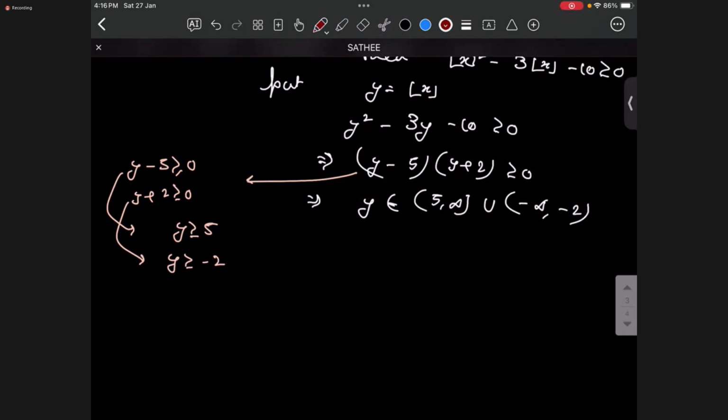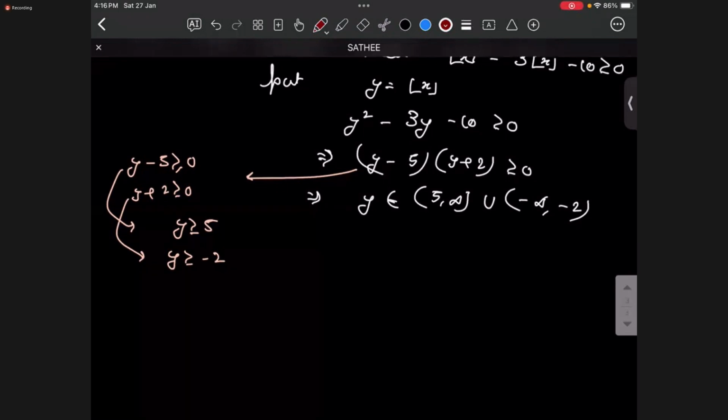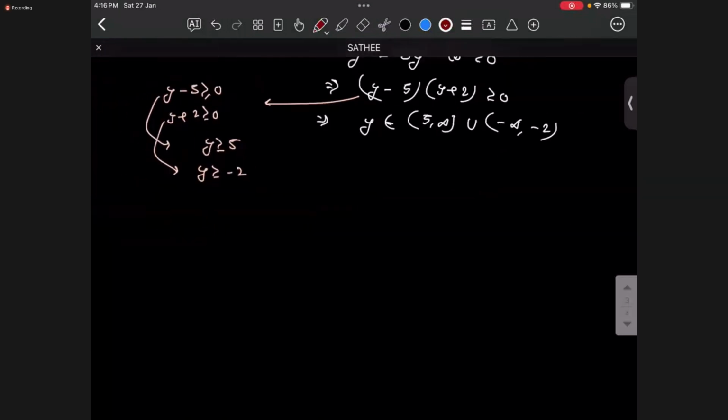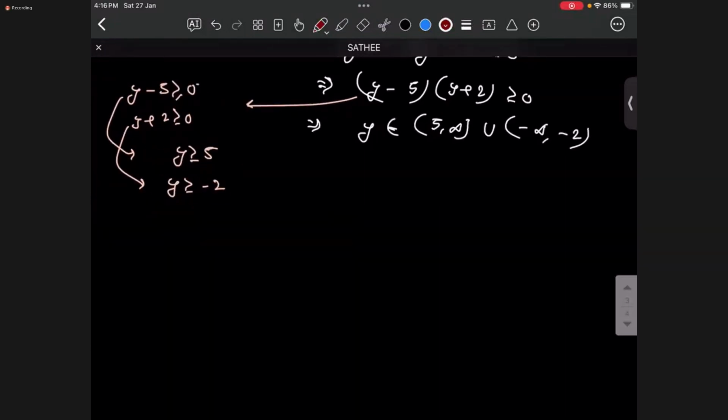Okay, no. It should be less than or equal to 0 or greater than or equal to 0. So these two conditions together imply these two conditions.